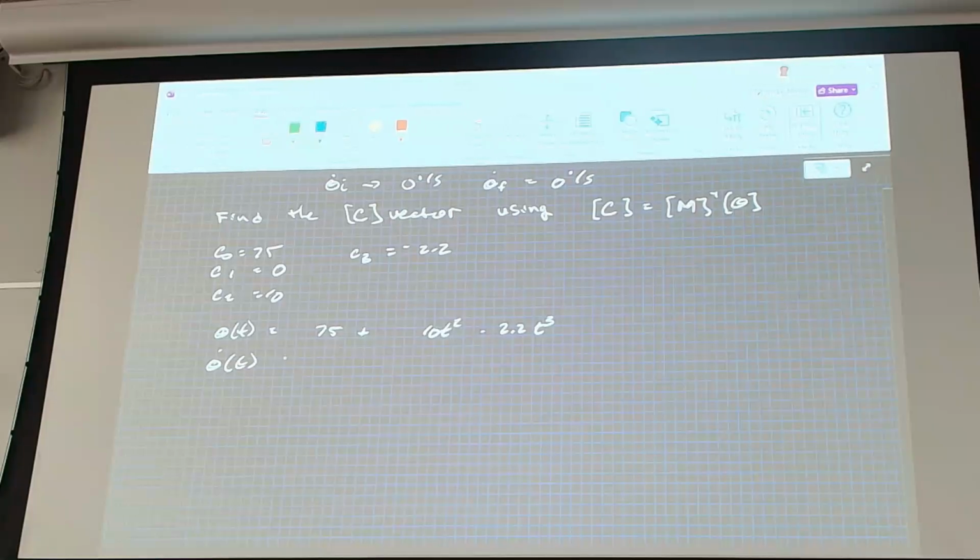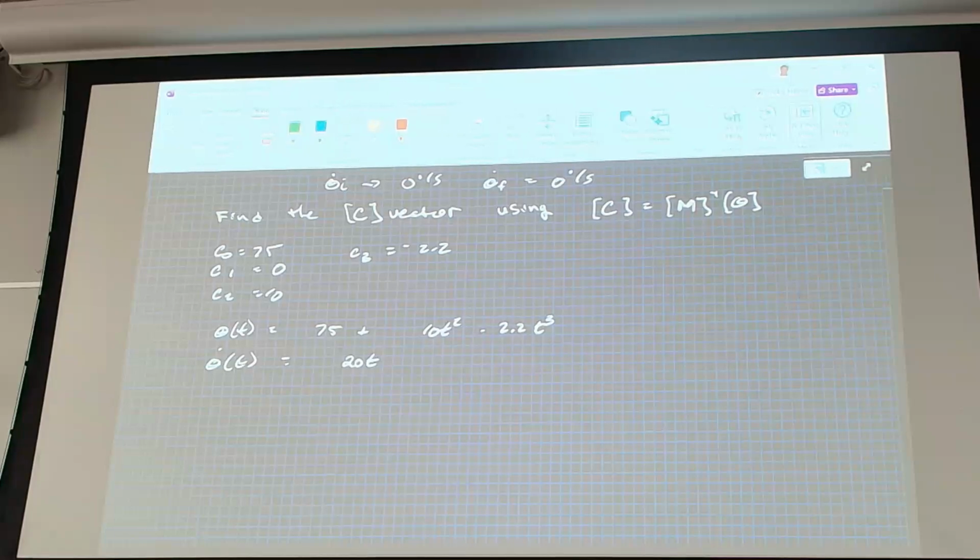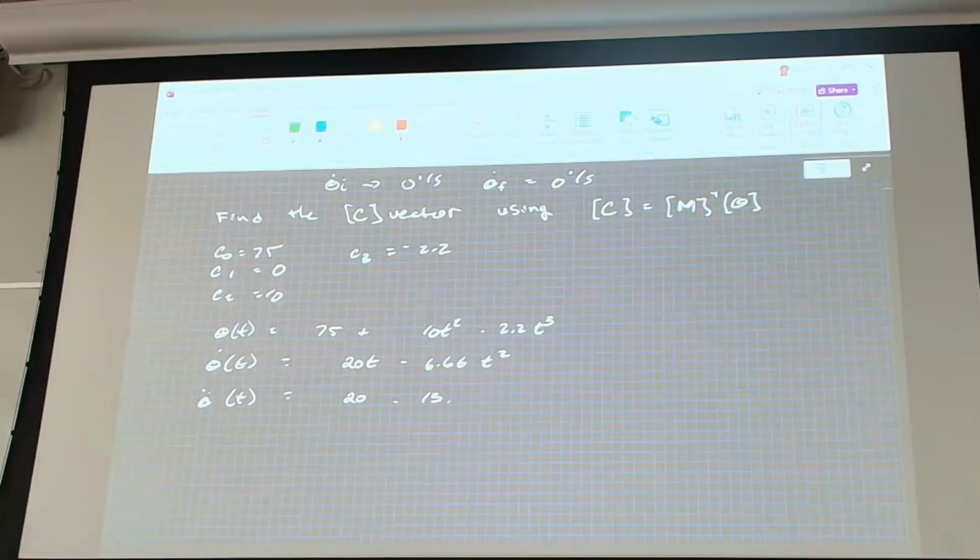Theta dot of t is going to be 20t minus 6.66t squared. And theta double dot of t is going to be 20 minus 13.32t.